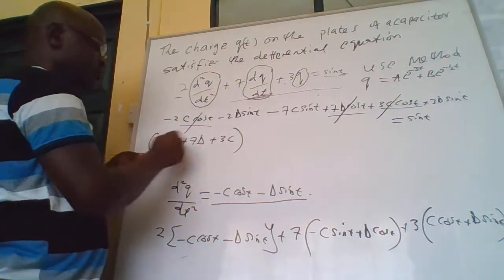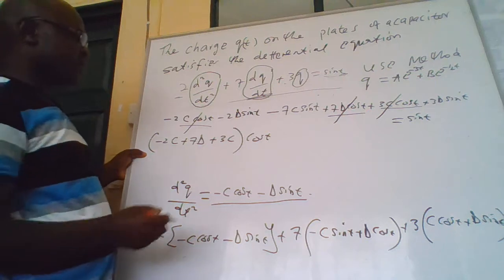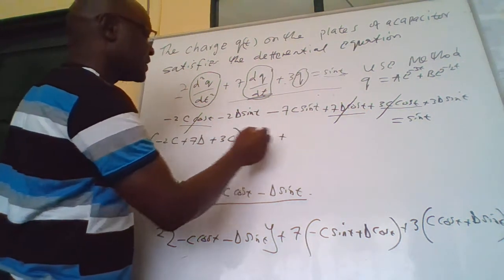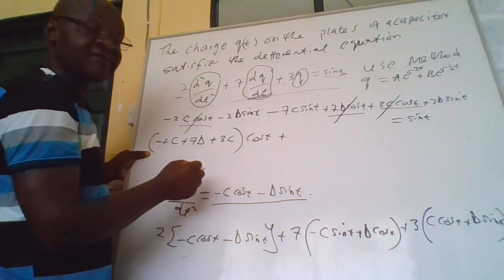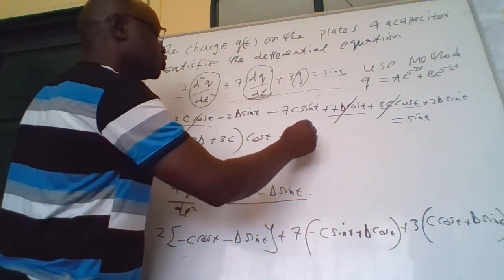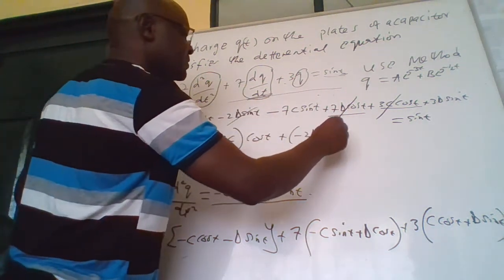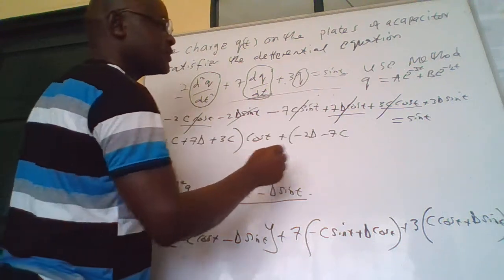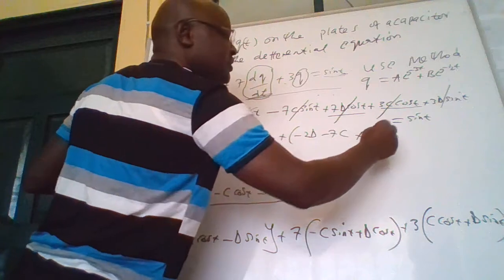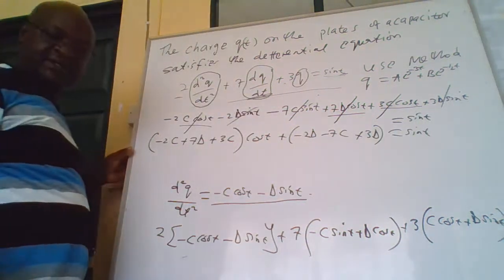And then, of course, we put out cos t. And then we have what? Plus, those that have sin t: minus 2d, which is this one, minus 7c, which is this one, plus 3d, which is this one, equals sin t.